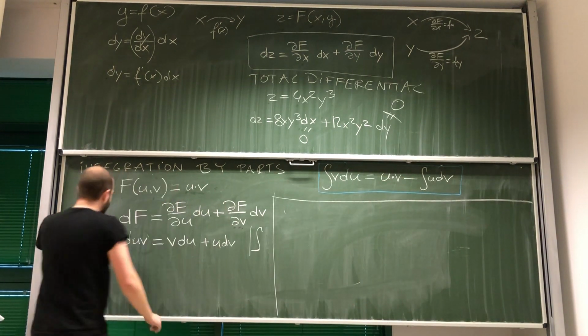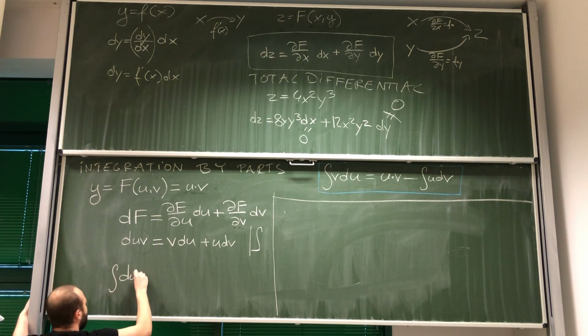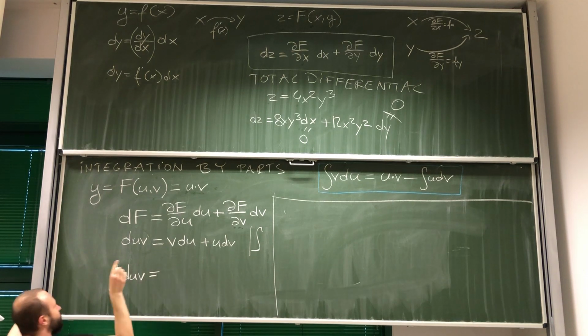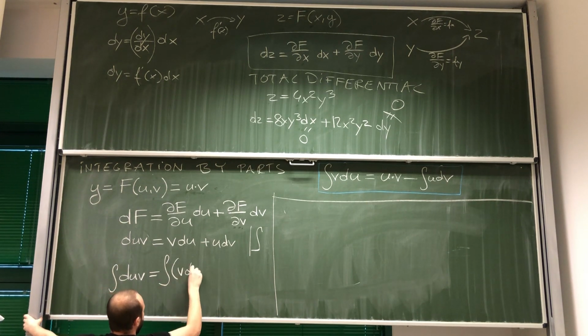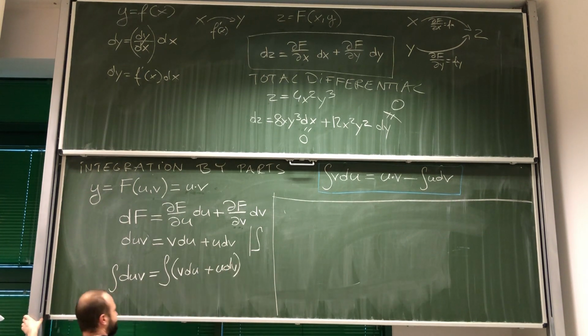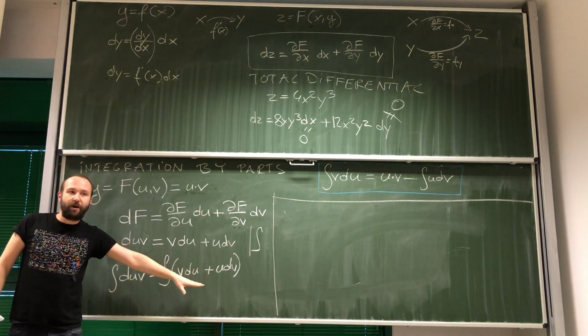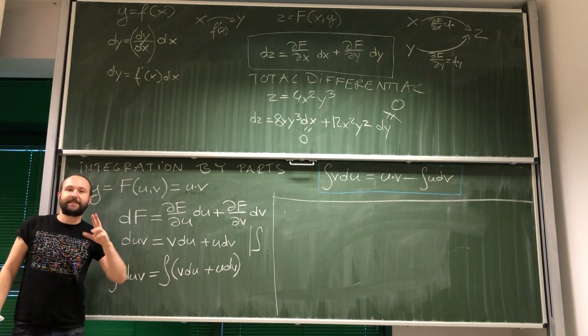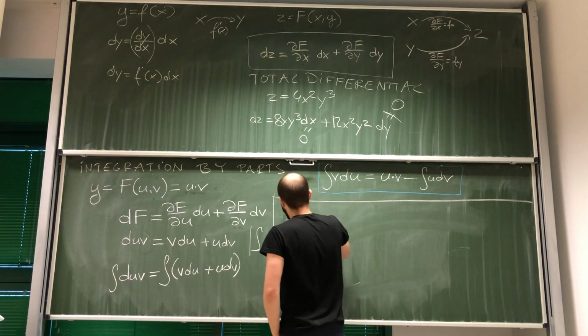So look, what I'm getting on the left-hand side is the integral of d(uv), and on the right-hand side the integral of v du plus u dv. Okay, now we already know that the integral of a sum is equal to the sum of two integrals. So let's write it down.